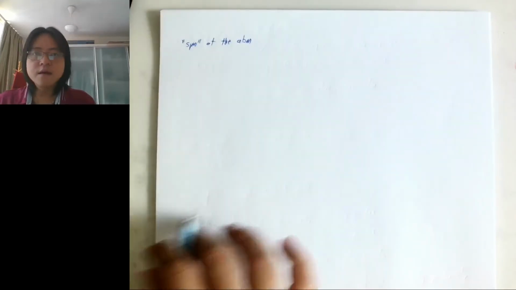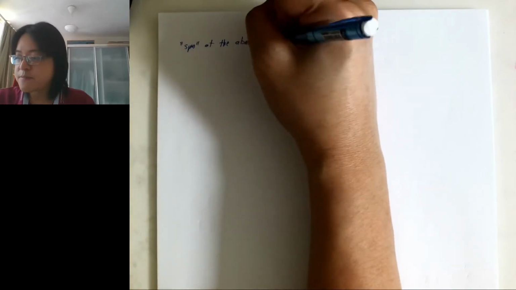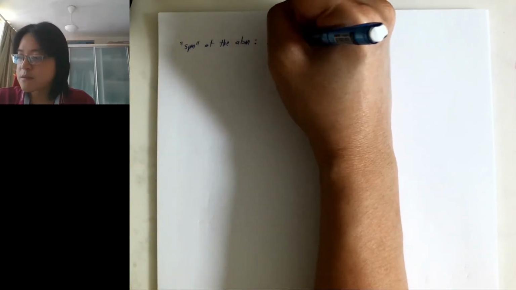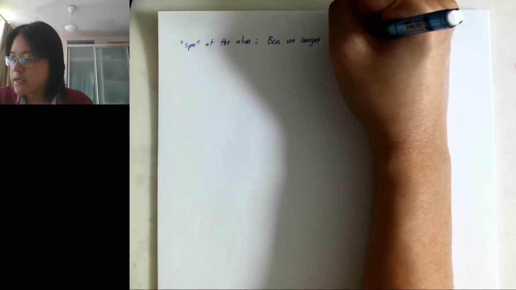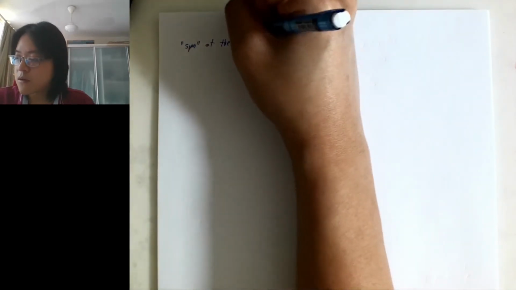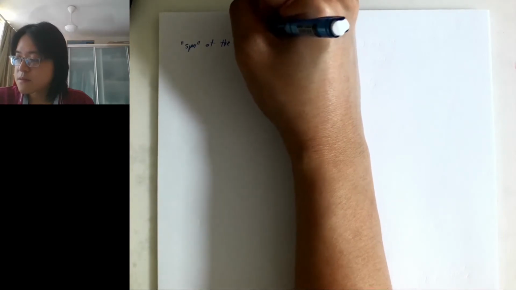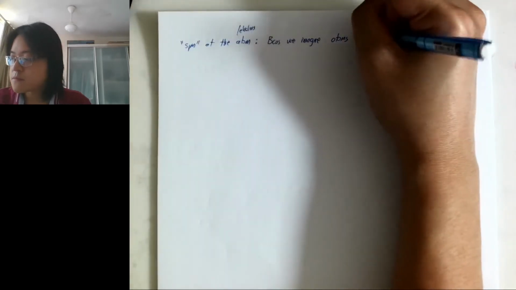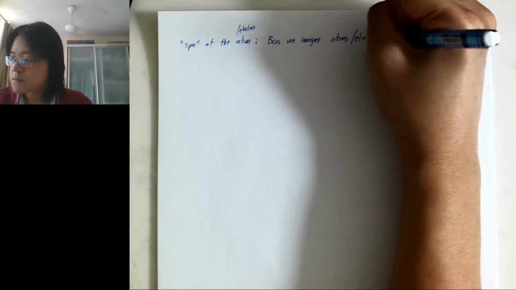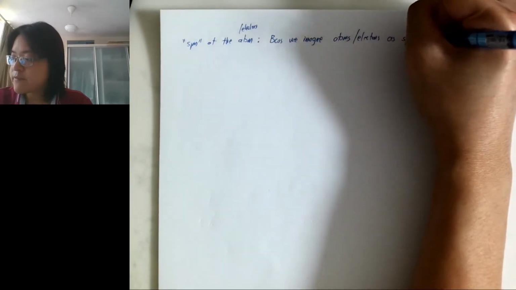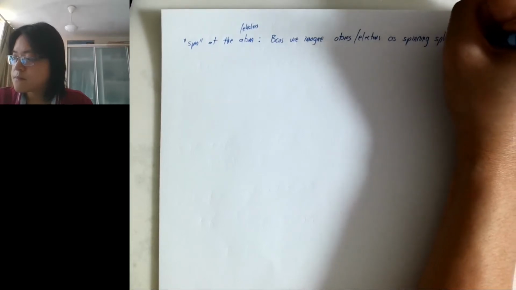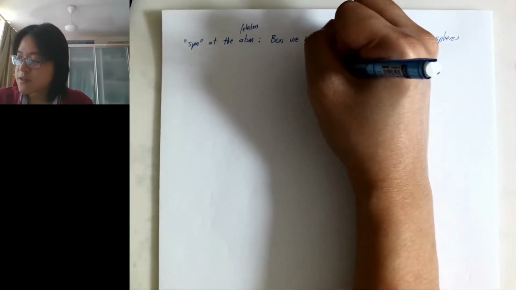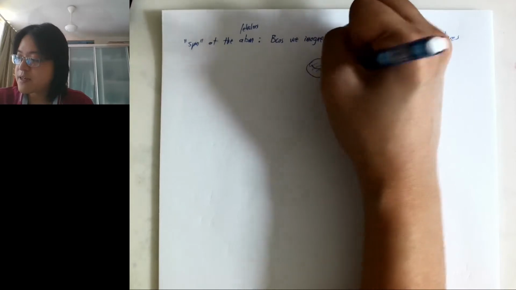The spin of the atom is because we imagine atoms or electrons as spinning spheres, right? So that's why I draw this picture. It's some sphere and then it has spin.